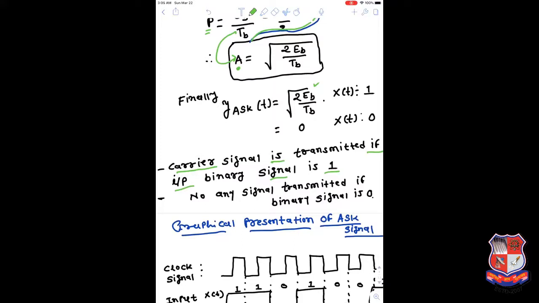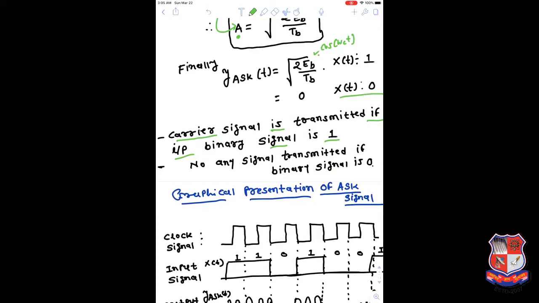And if x of t is 0, no carrier signal is transmitted, and the output of the modulator ysk of t would be 0. So you have to understand these two things here. When the input bit is 1, the output is square root of 2 EB by TB into cos omega ct, and when the input bit is 0, the output is 0.